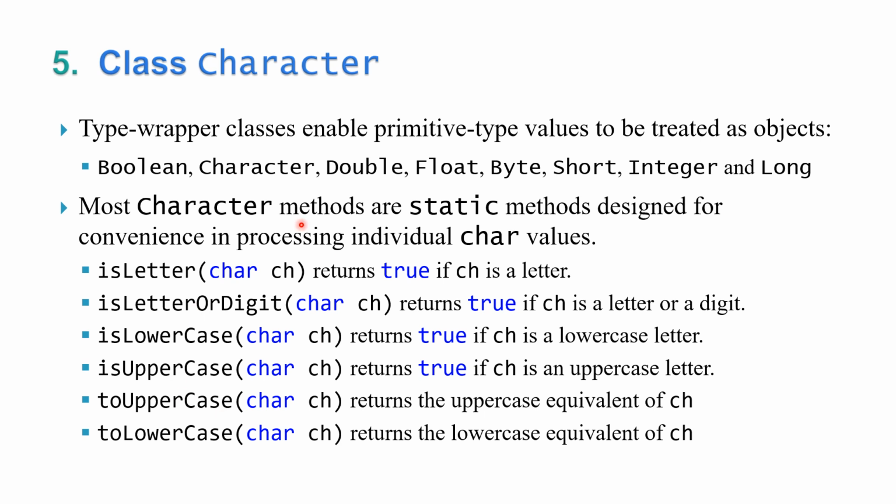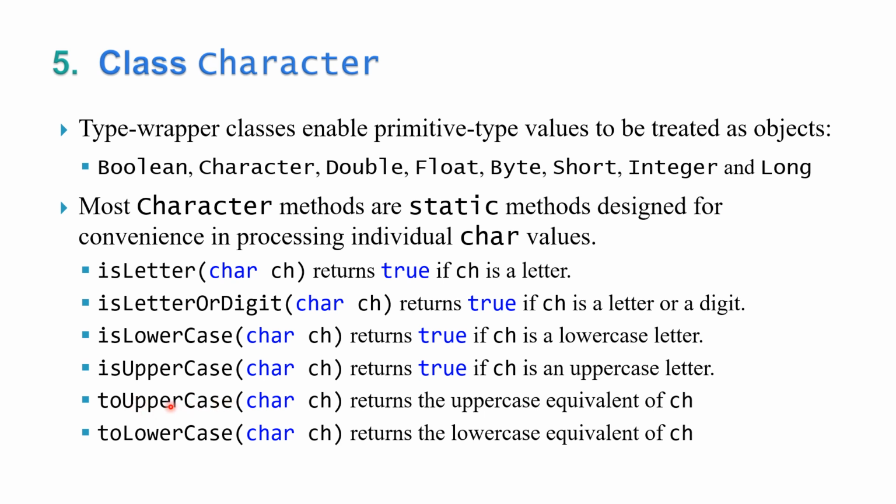Here is the list of some useful methods. Method isLetter determines whether a character is a letter or not. Method isLetterOrDigit determines whether a character is a letter or a digit. Method isLowerCase determines whether a character is a lowercase letter. Method isUpperCase determines whether a character is an uppercase letter.